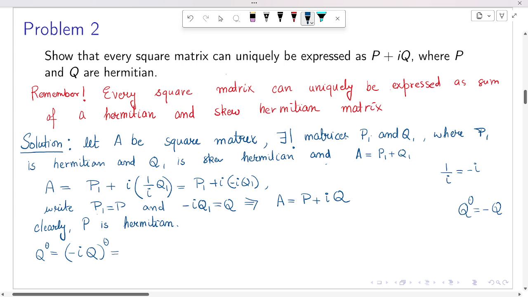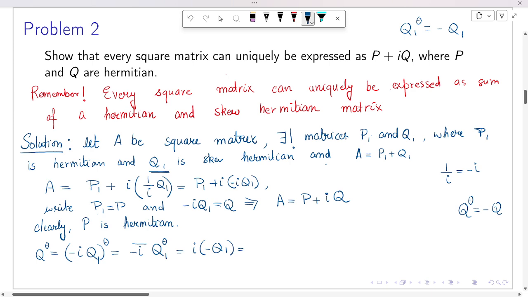So this is minus iota conjugate and Q1 conjugate. So what is conjugate of minus iota? It is iota. And what is Q1 conjugate? Now Q1 is actually skew Hermitian, so Q1 conjugate is equal to minus Q1.